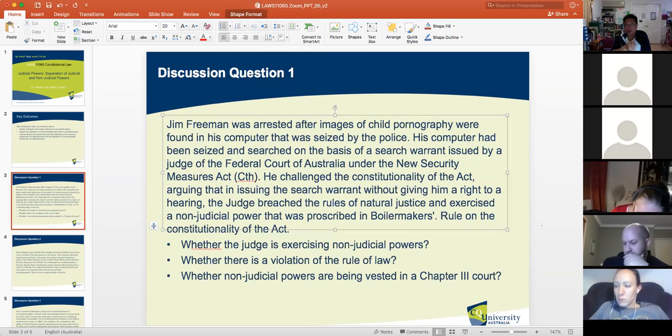Yeah, so there are at least two conditions there, as pointed out by Rin. One is that it must be in his personal capacity, and secondly, there must be consent. The judge must consent to the designation.